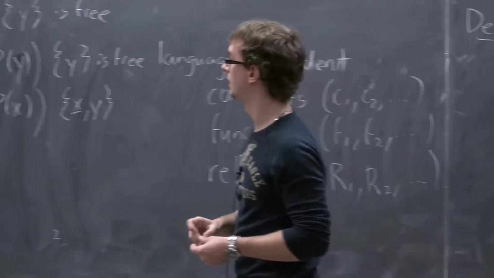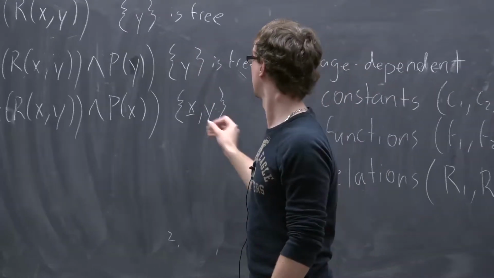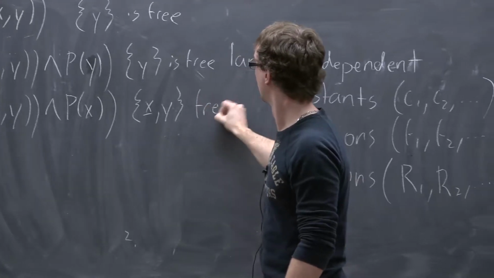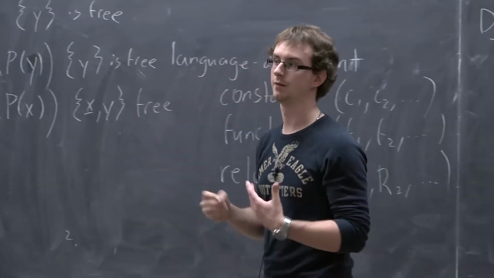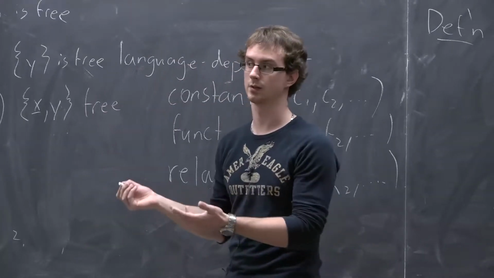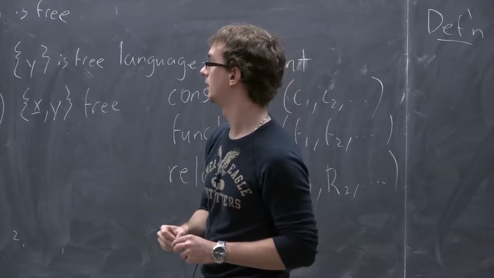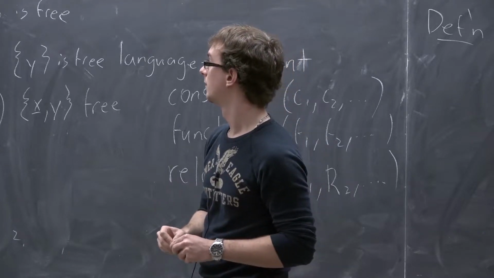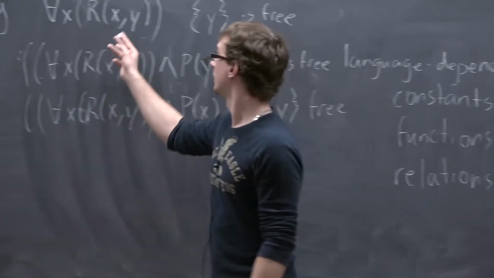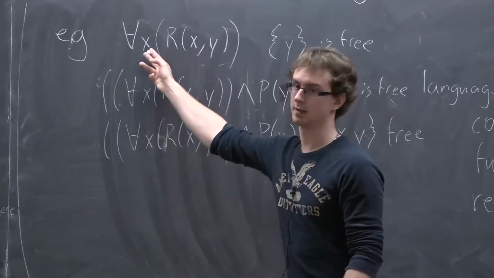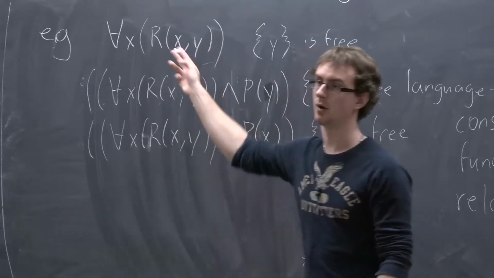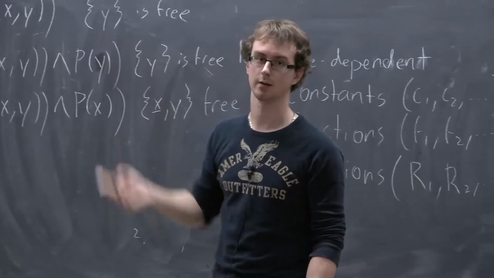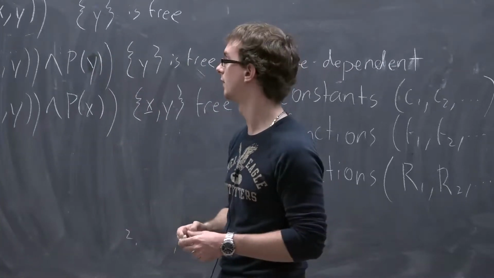And again, intuitively, the free variables are telling us which ones need values in order for us to interpret what the formula actually means. Because we don't really need to know anything about x in this case, but we do need to know something about y in order to say whether that expression is going to be potentially true or false.